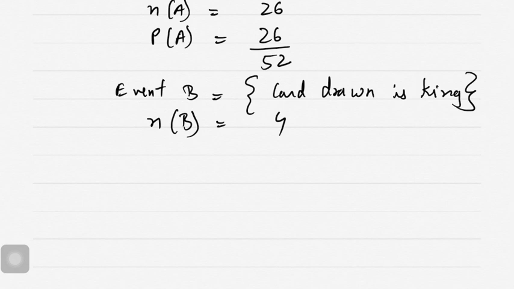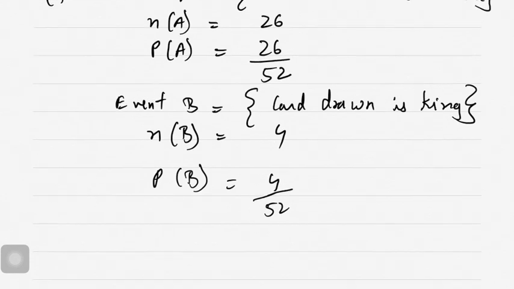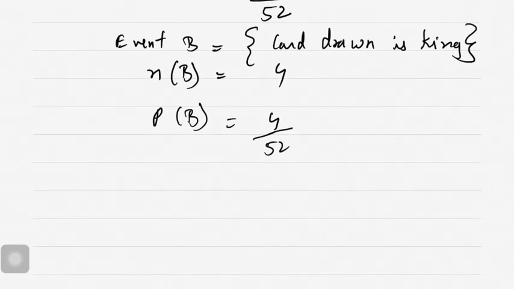King of hearts, king of diamond, king of flower, king of club and king of spade, right? So your n of B is 4. So P of B would be 4 by 52. Correct?